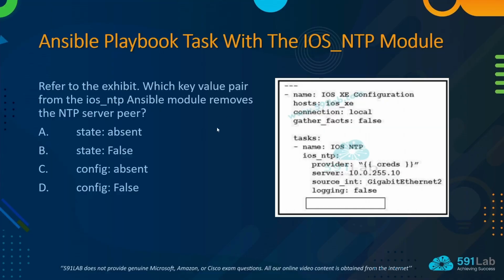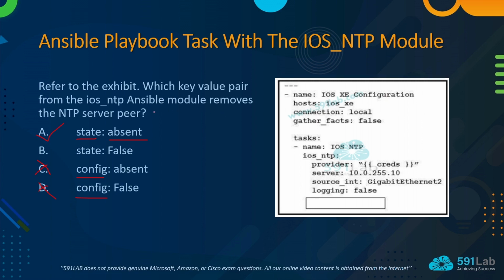So let's go back to the question. Firstly, we will eliminate option C and option D because they use config. Config does not exist in the parameters. And then we will see the first one, A, is right, I think, because they use state absent.